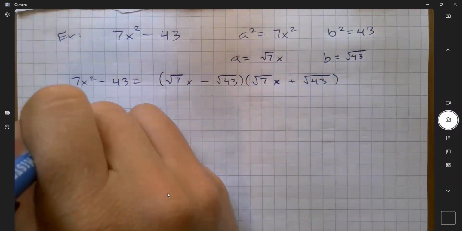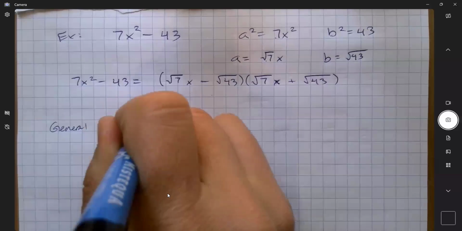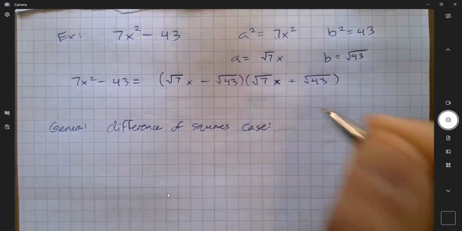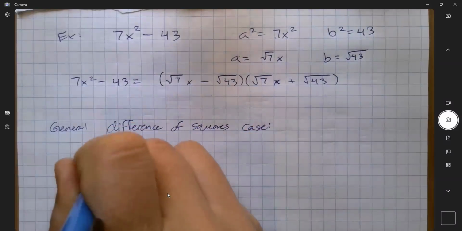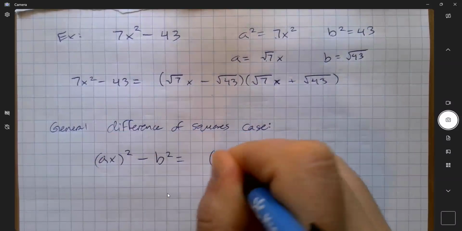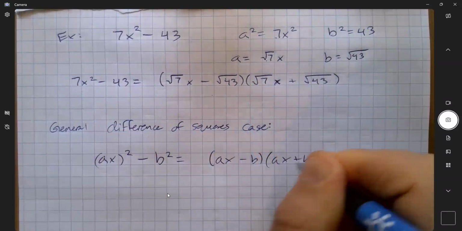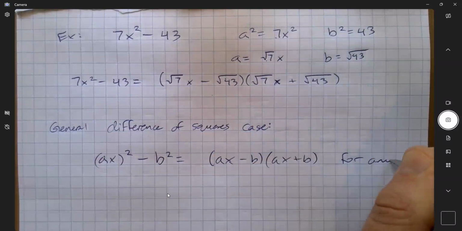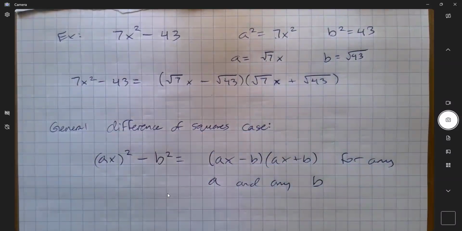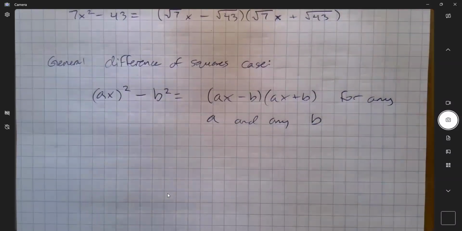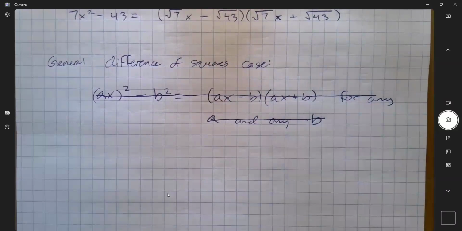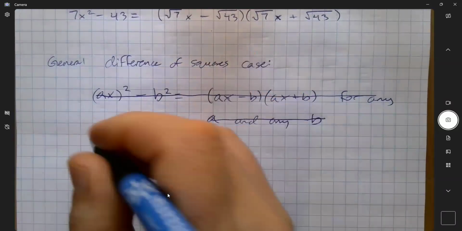So our most general difference of squares case is a times x squared minus b squared equals ax minus b times ax plus b for any a and any b. I don't like that. I'm going to change this. It's true, but I would rather do it like this.